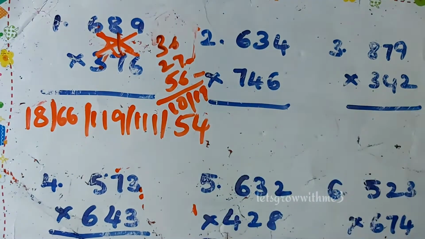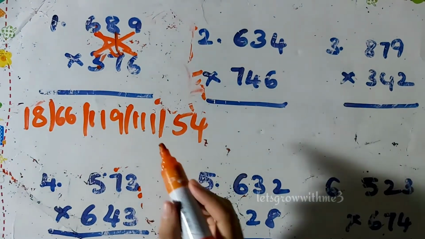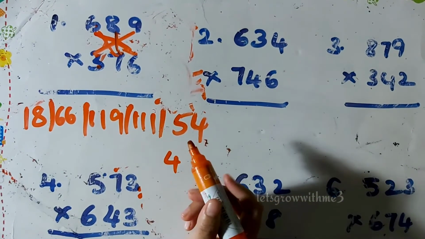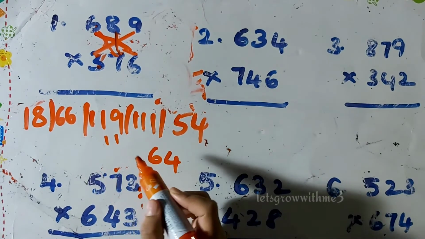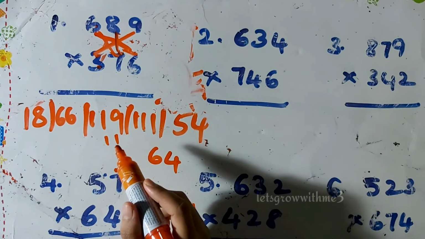Here we write 9 and carry 11. Then we add 111 plus 11, which is 122, and then we need to add 1 1 here, then the answer is 130.